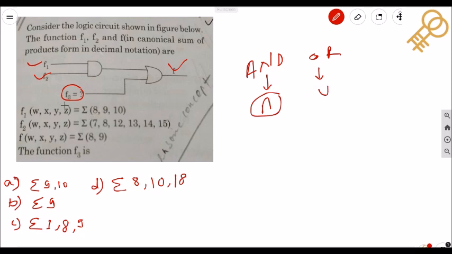So let us start with the question. The f1 value is 8, 9, 10, and f2 is 7, 8, 12, 13, 14, 15, and the final output is 8, 9. So you see f1 and f2 are given, so we can find out the result of this whole logic gate.